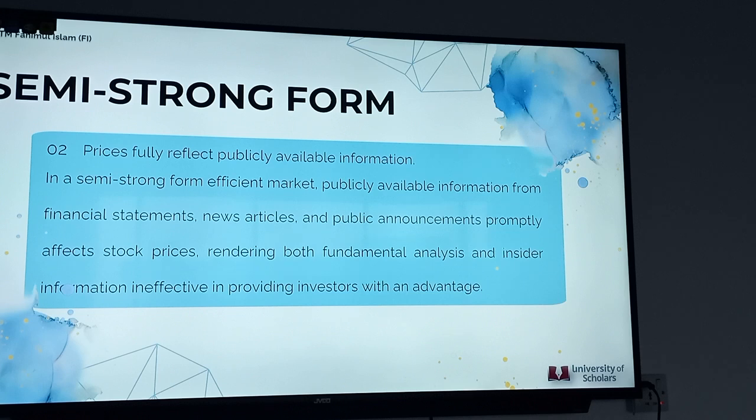When new information becomes available, it is quickly reflected in the stock price. As a result, neither fundamental analysis nor inside information can give investors an advantage in this type of market. In a semi-strong form efficient market, investors cannot make above average profits by trading on publicly available information.